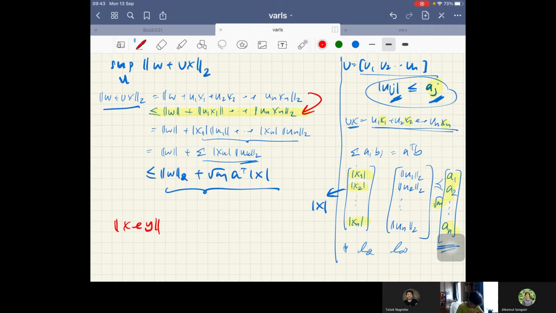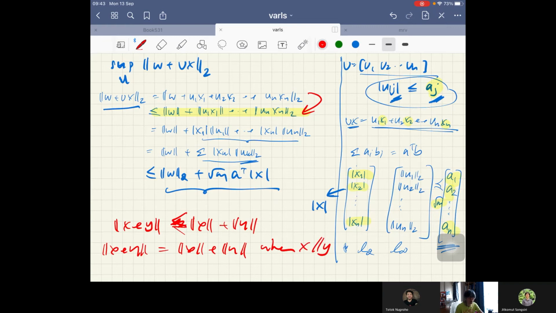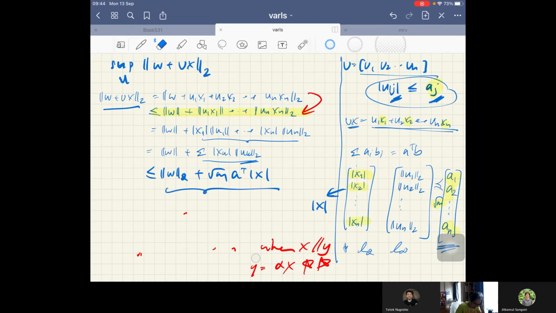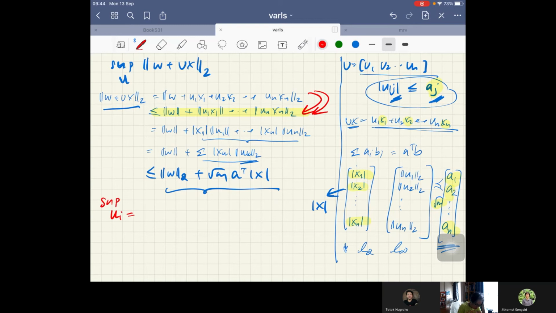If you have a sum of two vectors, the triangle inequality says that it is bounded by the sum of the norms, but when is it equal? Think about when they are equal. They are equal when x and y are parallel, when y is a multiple of x. Please verify. Then we can apply this result, which means that when we apply the triangle inequality, it becomes an equality when each of the ui attains the supremum.